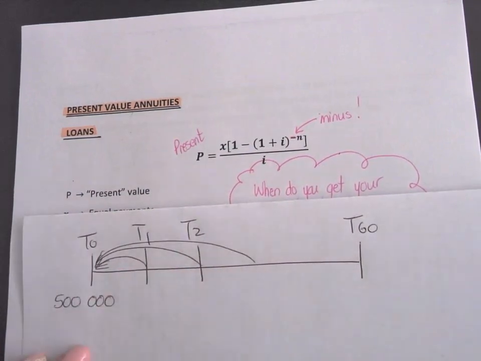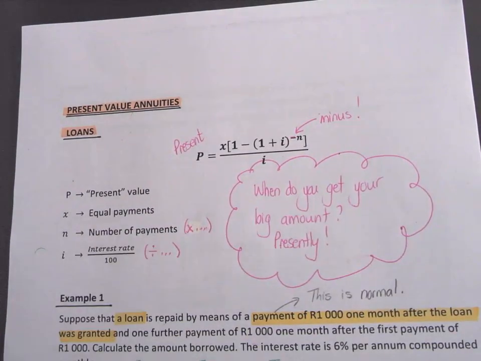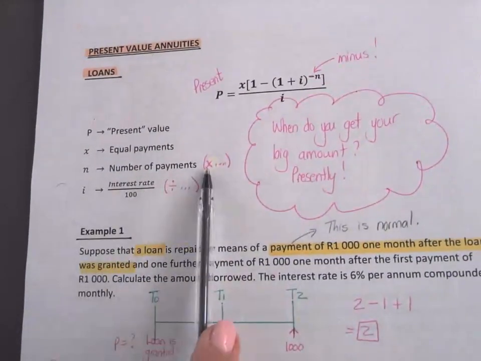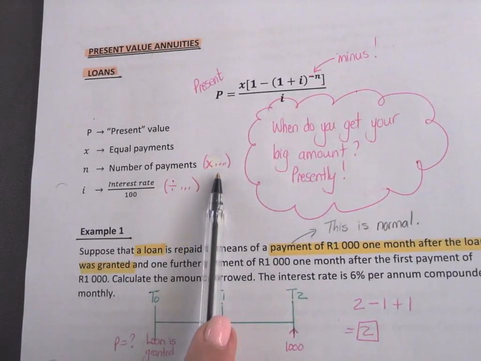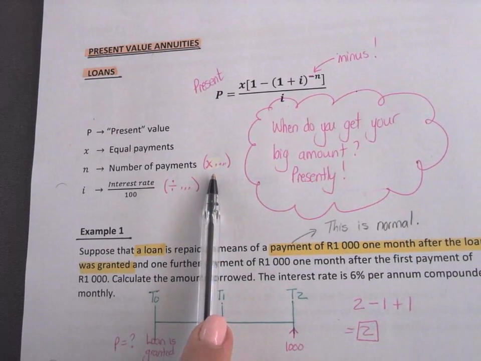That's why the N is a minus. Okay. Your N is still multiplied by the number of fractions in the year, like monthly or yearly or half, semi-annually or whatever.